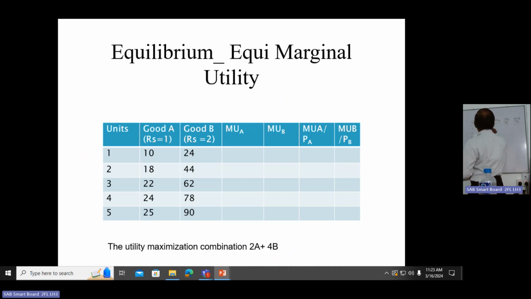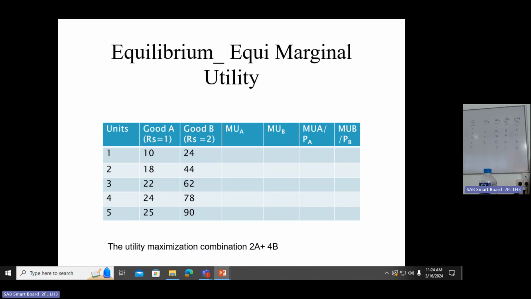So MUA divided by 1, and MUB divided by 2.